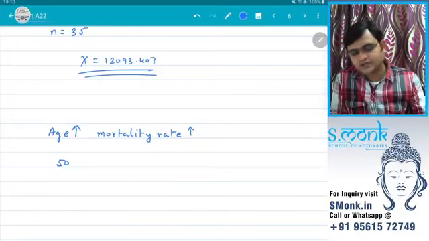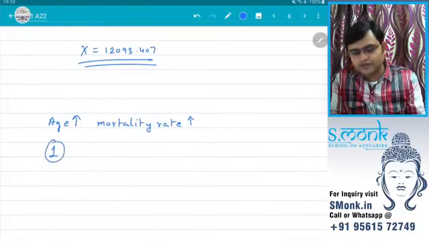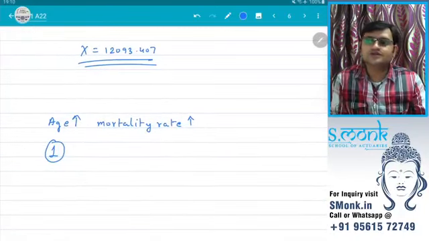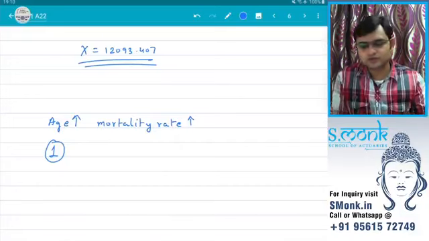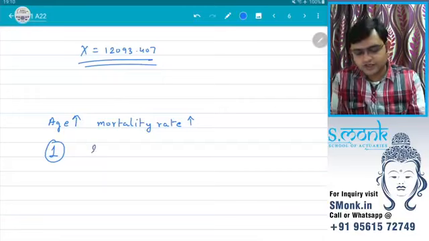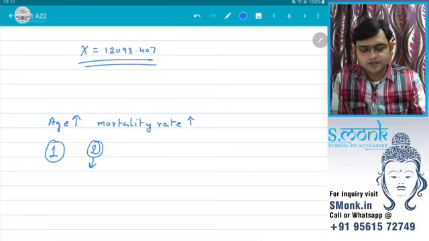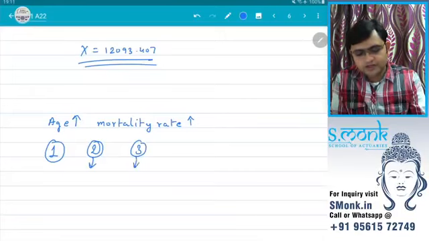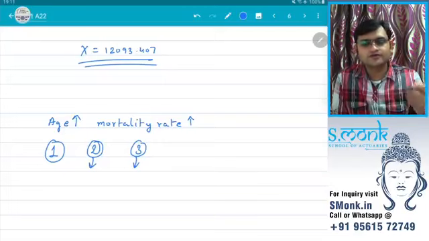So at the beginning we get a lot of premium, because of course the first premium would be given by everyone. So if, let's say, 10,000 people bought our policy, in the first year we got 10,000 premiums, no problem there. But in the second year the premium will become less because a certain number of people would die. In the third year the premium will become even less because more people would die.